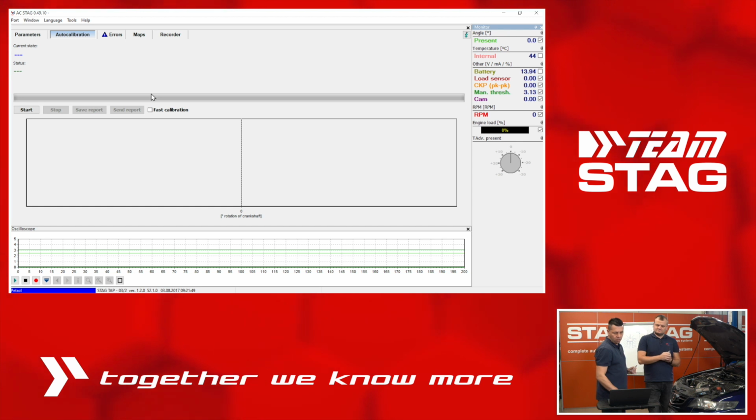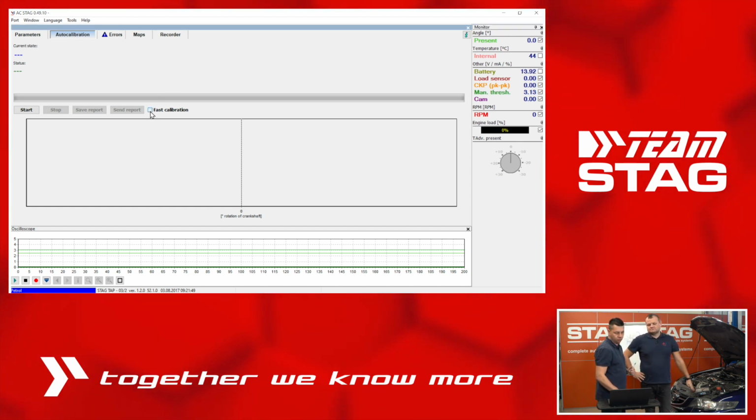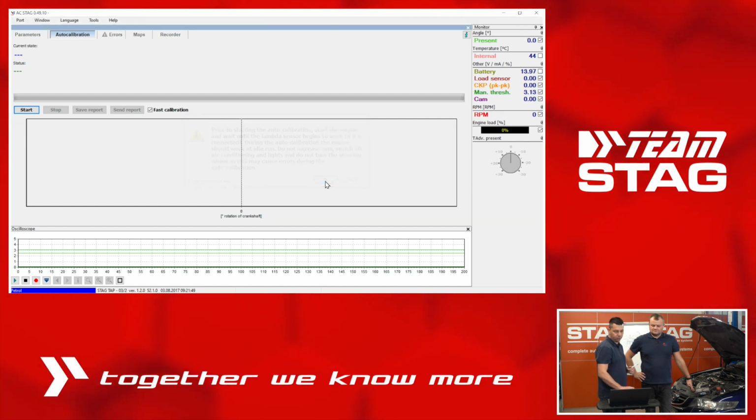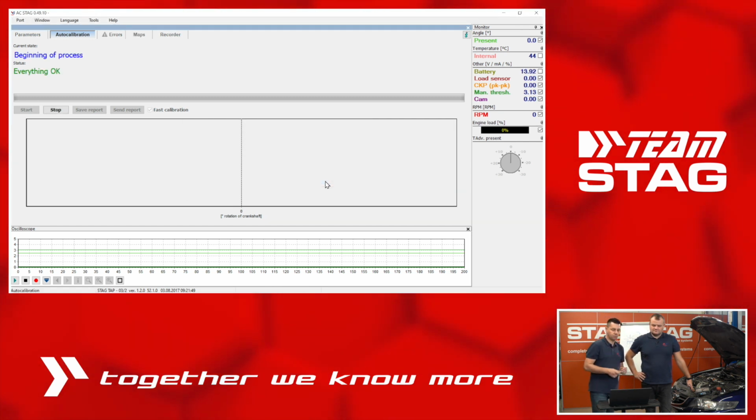Okay, so just to save some time, we try to start the fast calibration, and we will see the final result, what TAP will recognize according to the signals. Information: do not change the load of the engine during the auto calibration.